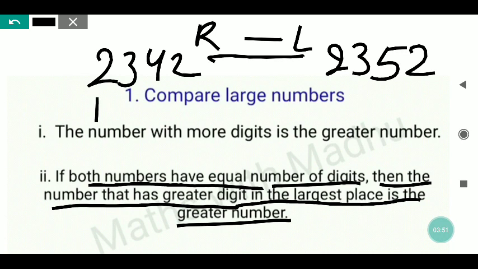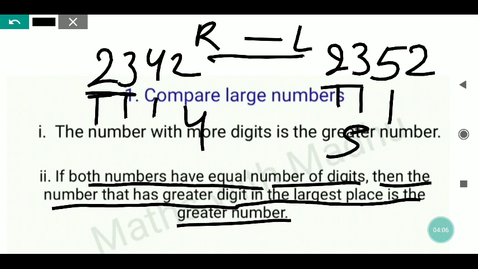So on the right side this number is 2, this side is 2, next is 3, this side is 3, here it is 5, 4, and here it is 5. So now compare 4 and 5 only. Don't compare the others because both places have equal numbers. So at the tens place we have different digits, at one place it is 4, at another place it is 5.